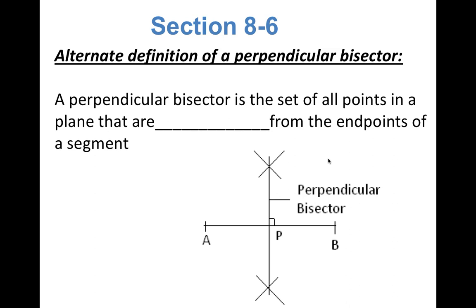Equidistant. That was a consequence of being a perpendicular bisector. We proved it, but other textbooks might define it that way. I'm going to change the words for you here to show you what this other word means.